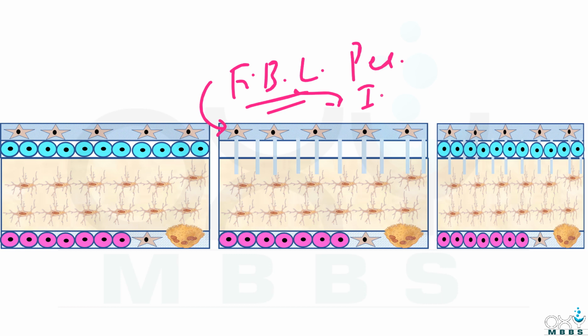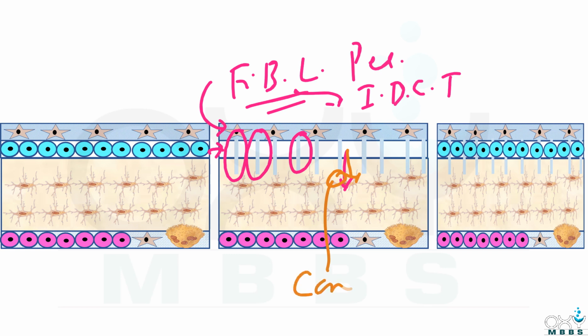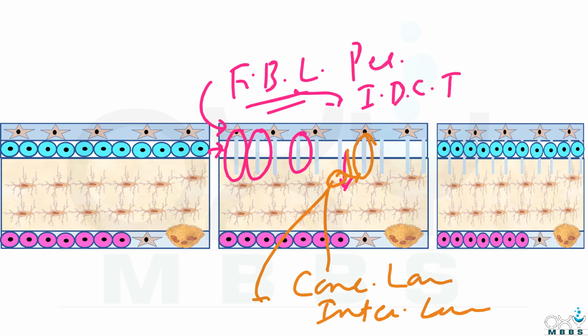It contains irregular dense connective tissue, and I have removed all the cells in the inner layer, and you can see clearly these are the bundles of collagen proteins which are perforating the bone, and after perforating they are joined with the concentric lamella and interstitial lamella. And because of these fibers, the periosteum is firmly attached to the bone.